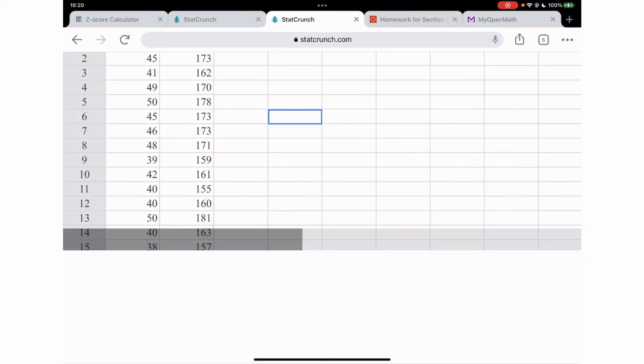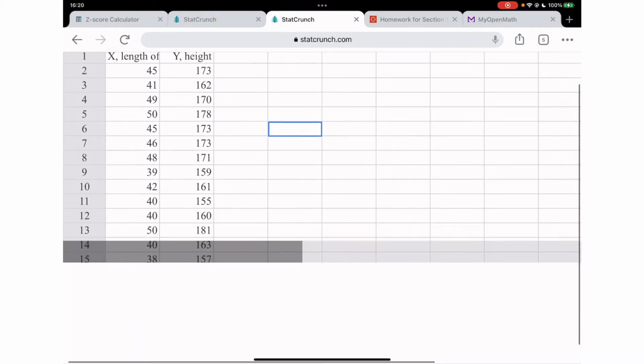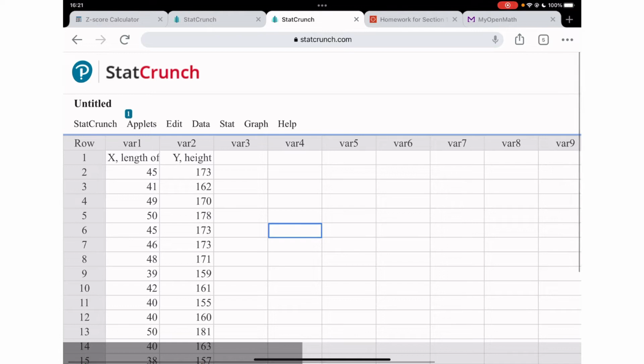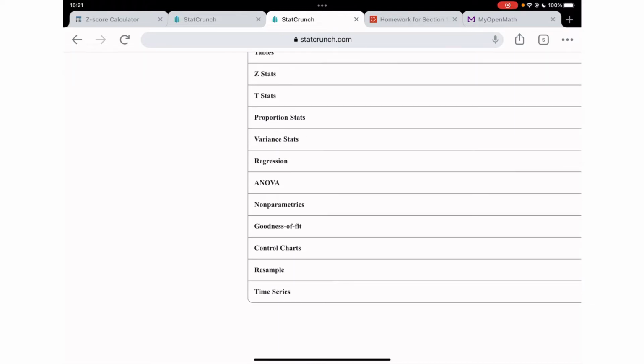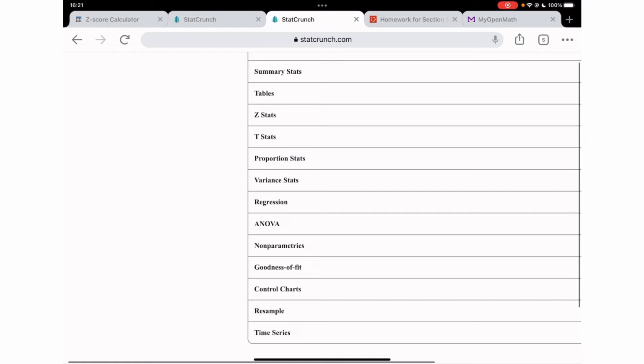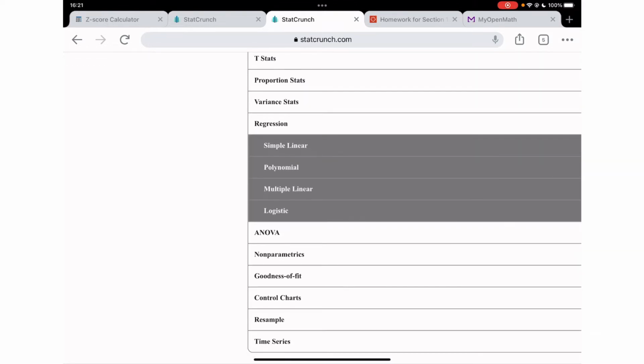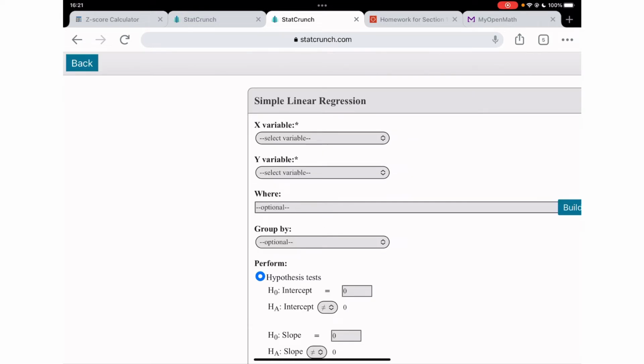Now, we need to get our correlation coefficient. So I'm clicking stat. Where is my correlation coefficient? Here it's regression, simple linear. My x is variable 1 and y is variable 2. Well, let me go back.